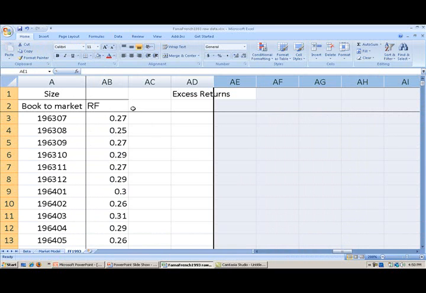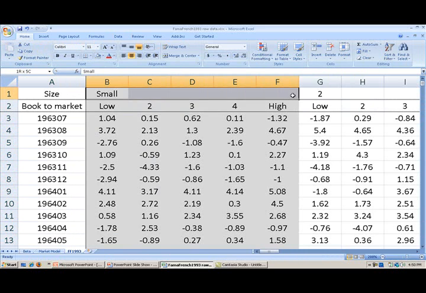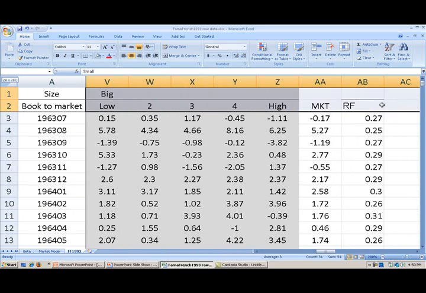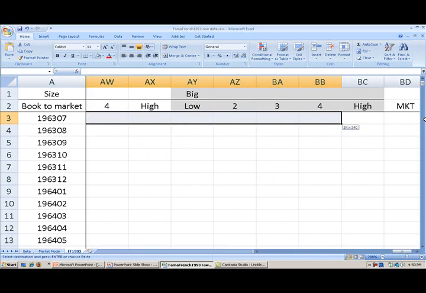We're now ready to calculate excess returns, but to keep things clear, let's copy across the names so that everything is well labeled. We want to calculate excess returns for all the portfolios, including the market portfolio.